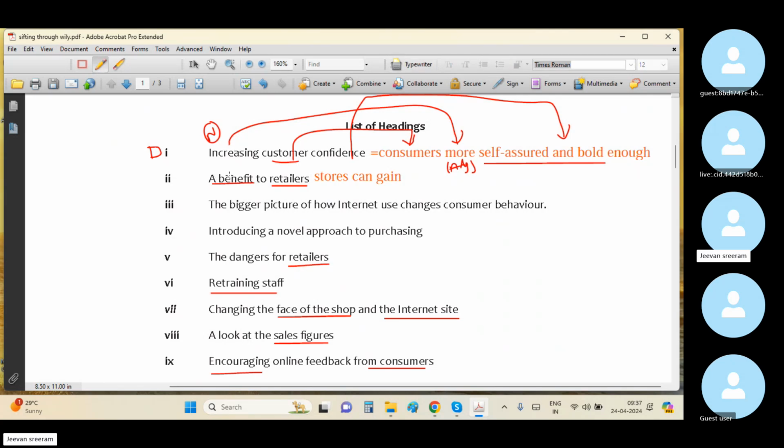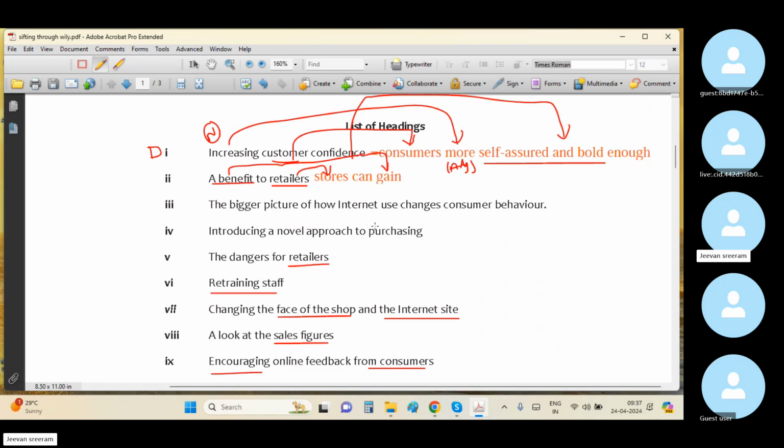Where is the similar wording? Benefit is equal to can gain, stores is equal to retailers. Benefit is a noun, but can gain is a verb. That's how the test maker creates the questions. Is it clear, buddies? Are you all with me?